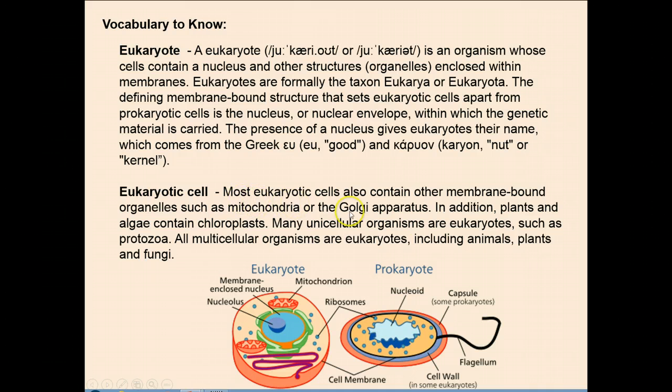So most eukaryotic cells also contain other membrane-bound organelles like the mitochondria we talked about and the Golgi apparatus, the shipping department. In addition, plants also contain chloroplasts, and they would be eukaryotic. Many unicellular organisms are eukaryotes, such as protozoa, and all multicellular organisms are eukaryotes, including animals, plants, and fungi.